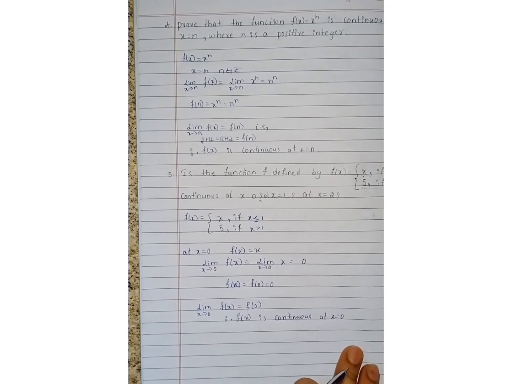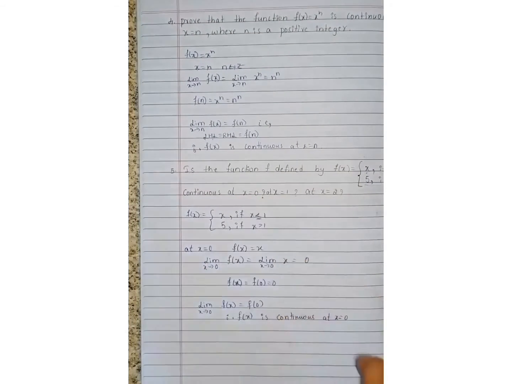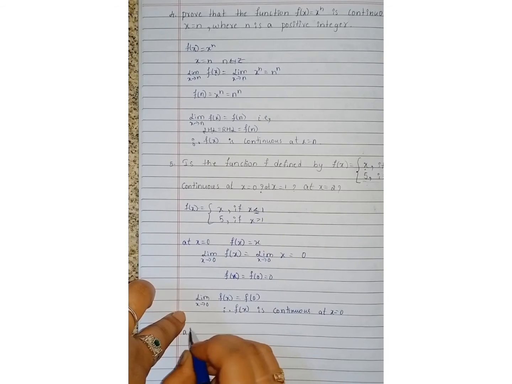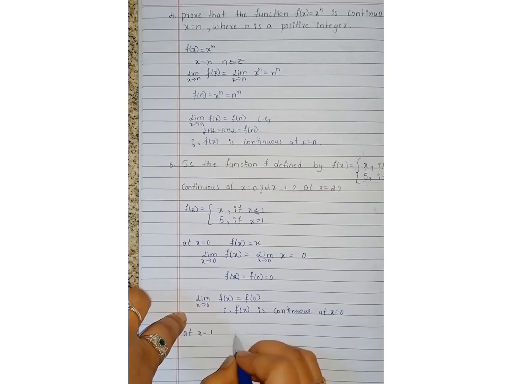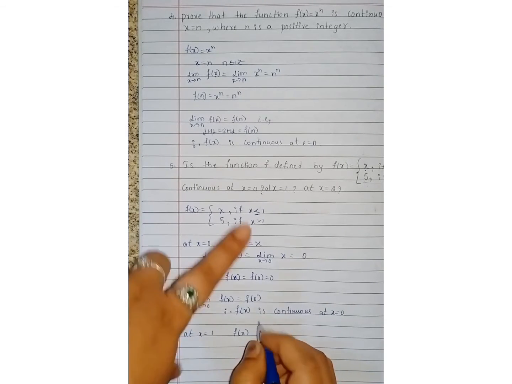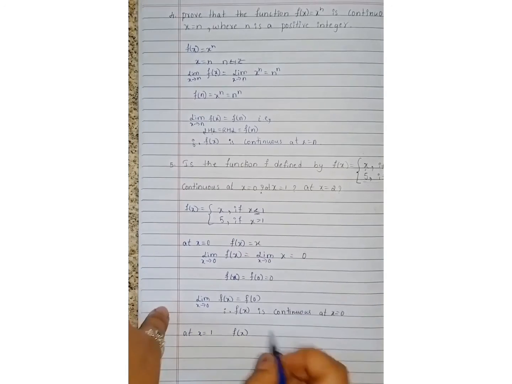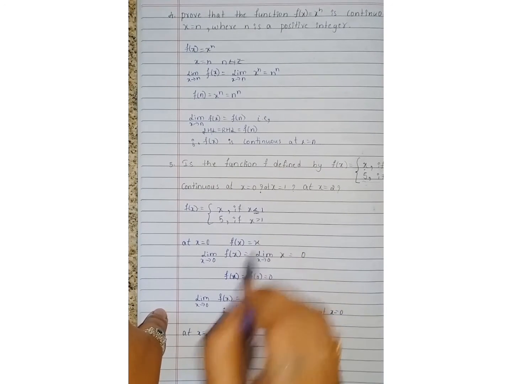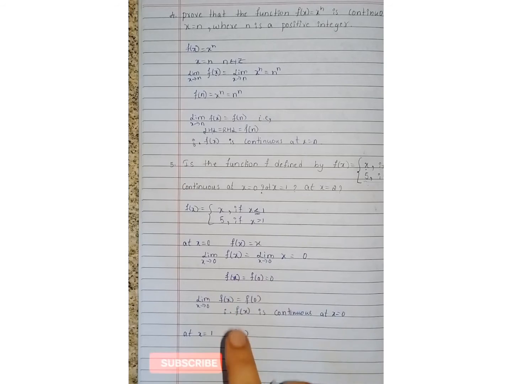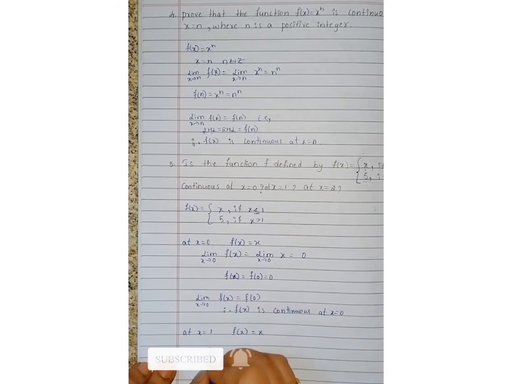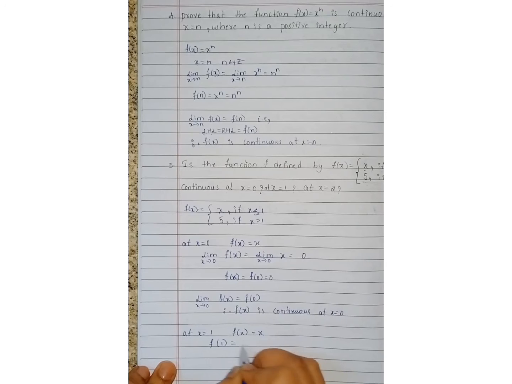Okay, at 0 we have found that it is continuous. So let's see at 1. Okay, x is equal to 1. What is the function at 1? The function at 1 is x. Okay, x is less than or equal to 1. If it is 1 also, the function will be f of x is x only. First, f of 1 is 1.